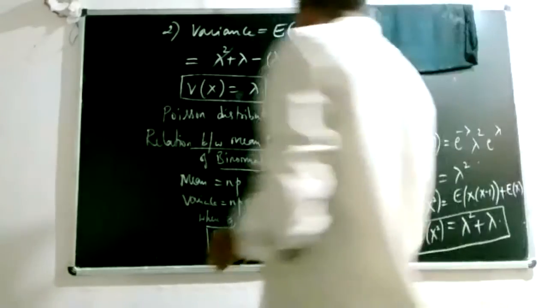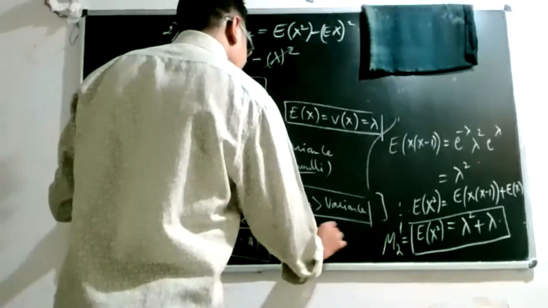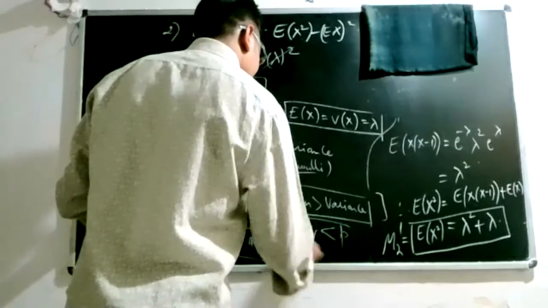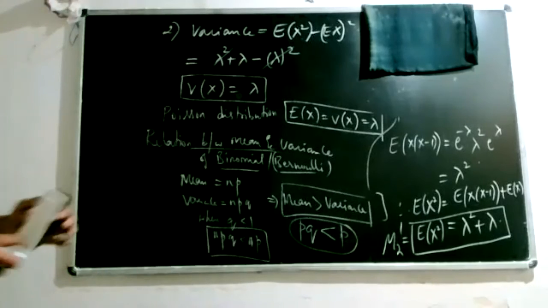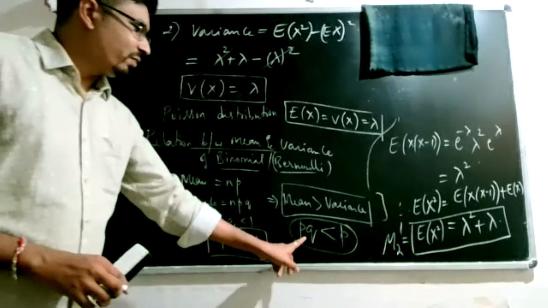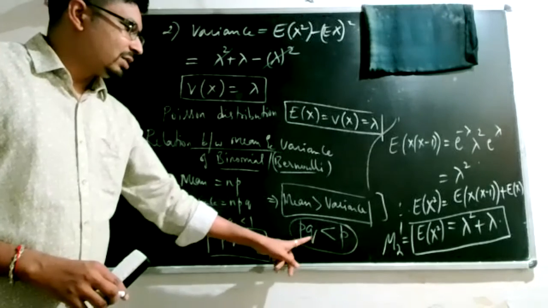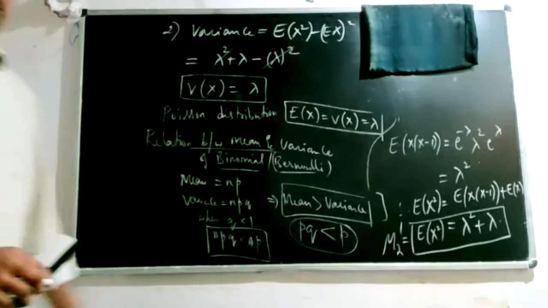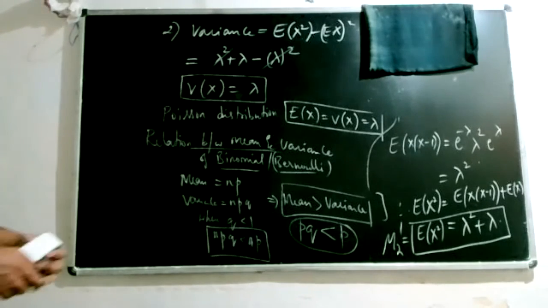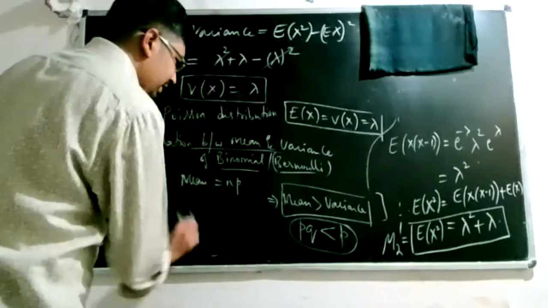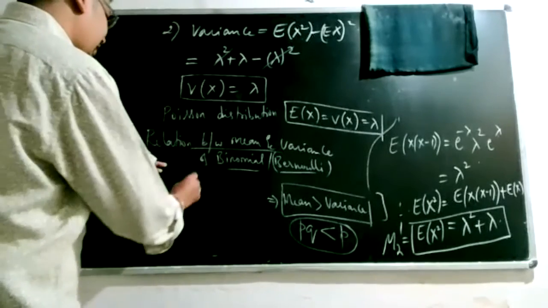And the same for Bernoulli. Even in Bernoulli, we have pq, and pq is always less than p because you are multiplying p with a number which is less than 1. So pq is obviously less than p. Therefore, we say mean is always greater than variance.